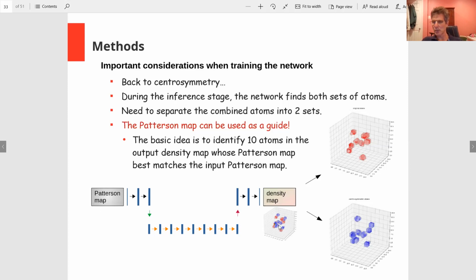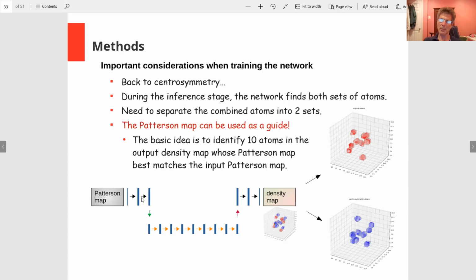But actually, what I did was I used a greedy algorithm, and I started out with just some collection of 10 atoms, and I calculated a Patterson map from it. Then I selected one of those atoms at random and swapped it out with one from the group of 20 that wasn't in the set of 10, and calculated a new Patterson map.